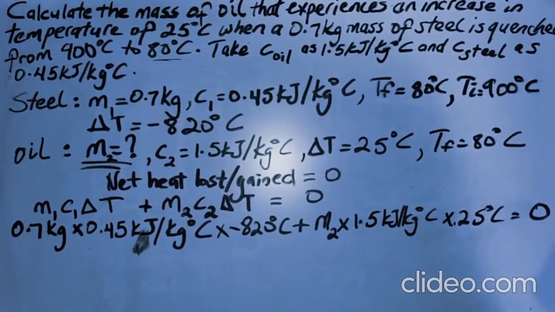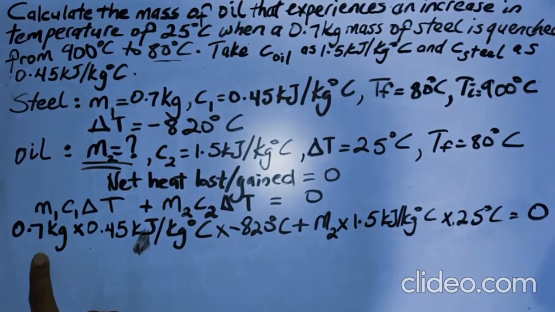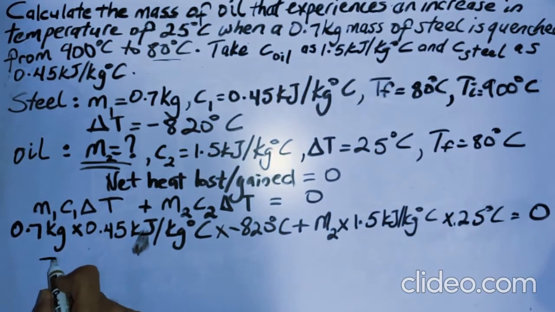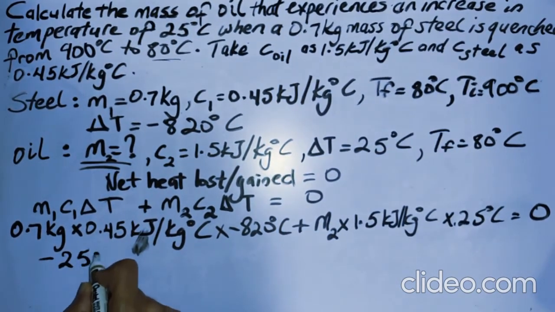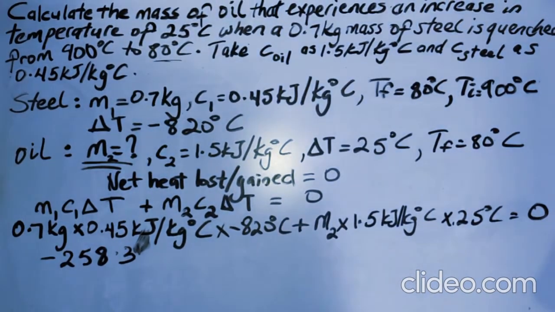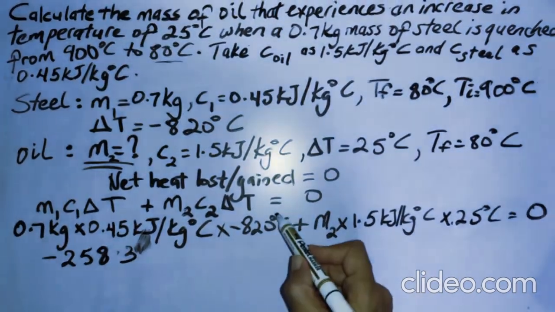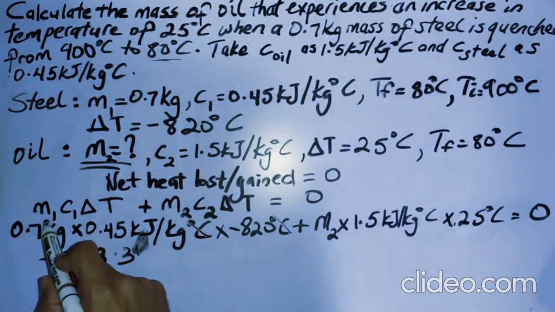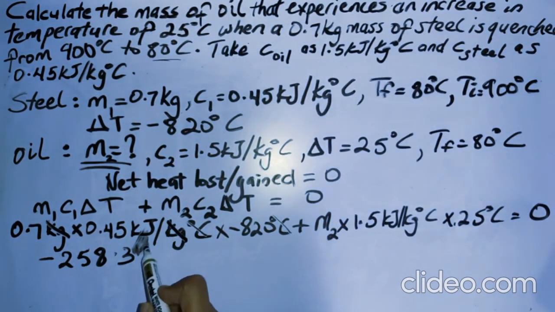Alright, so 0.7 times 0.45 times negative 820 gets me negative 258.3, and the units, if these cancel, will be the kilojoule.